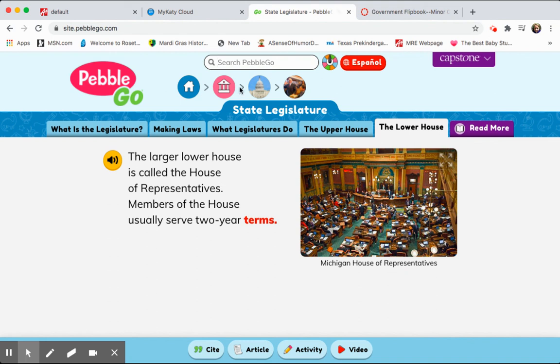Okay, and then for your national government, know that there's also three branches of power: your executive, legislative, and judicial branch. Okay, and your national government, those branches are defined by the Constitution.